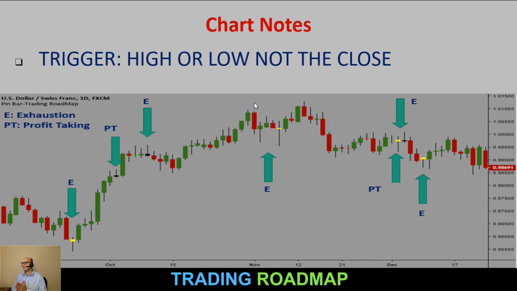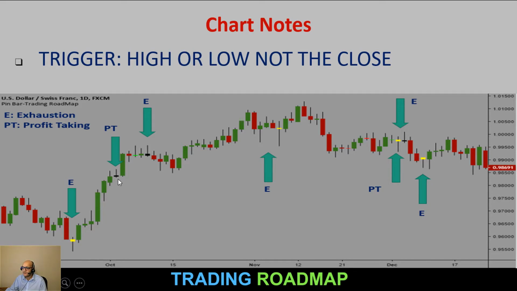The first one is that the trigger is the high or low, not the close. You're going to avoid many losing trades by understanding this. Like this one: if you're a trader and you just decided to go on the close, this is going to be a losing trade for you.